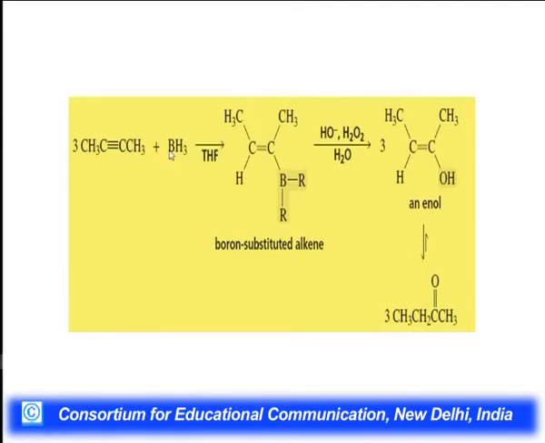Now boron is an electron deficient species, which we had discussed in detail in the last lecture. It will act as an electrophile, and it will react with that carbon which has fewer hydrogens, that is, the less substituted carbon.